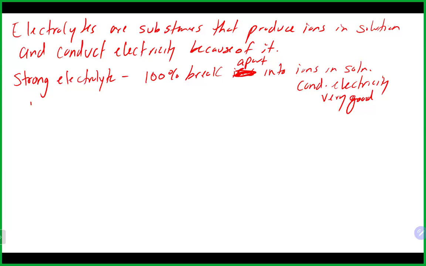So if you had a solution, for example, of sodium chloride, which is an ionic compound, it will 100% break apart into sodium ions and chloride ions. So in that solution, you have 100% of these ions floating around.